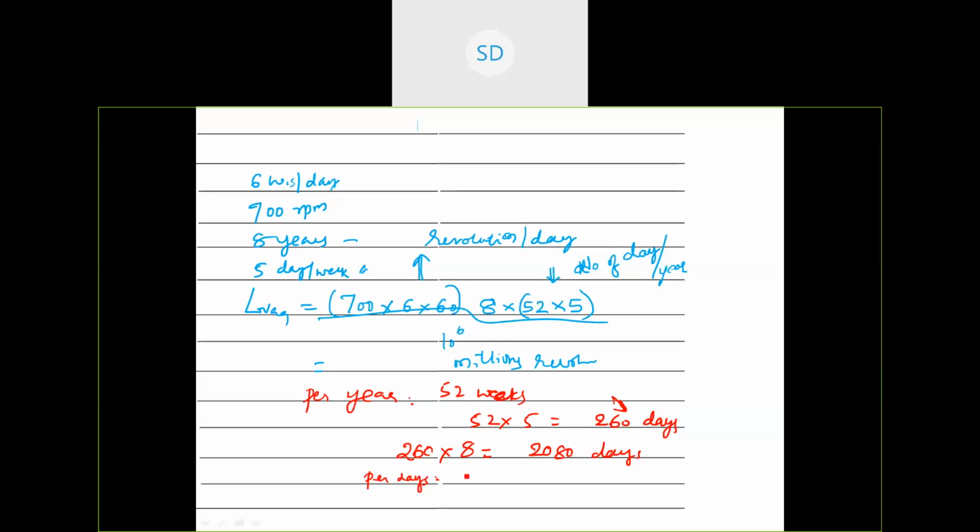It is going to work 700 revolutions per minute into 60. You are going to get per hour. Okay. Into 6 you are going to get per day.